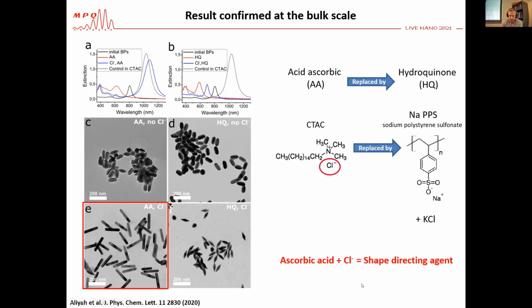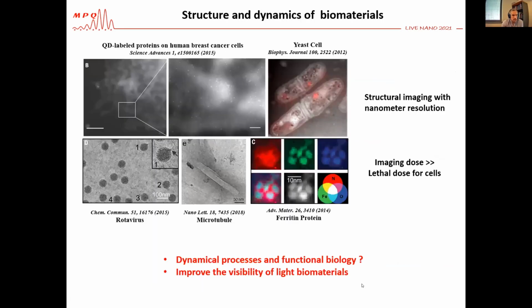So it's also a nice illustration of the type of information that you can obtain by directly observing the growth at the nanoscale.